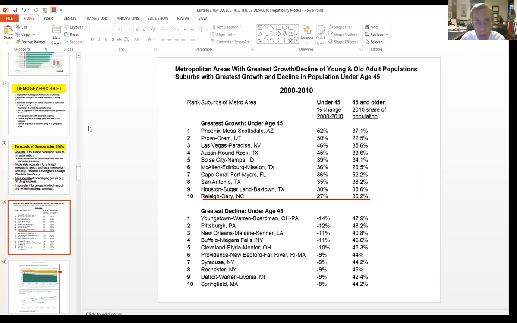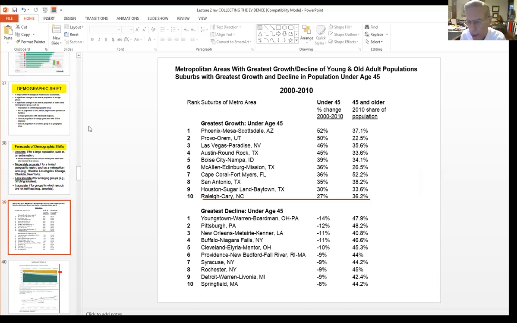And we know from our earlier charts that manufacturing is a declining sector of the economy. And here's the impact on the metropolitan markets where those industries were located, and a population of young people who work and pay taxes. Now the right column are the folks who are 45 and older. And in the top, we've got a lower proportion of the population, lower growth rates than at the bottom.